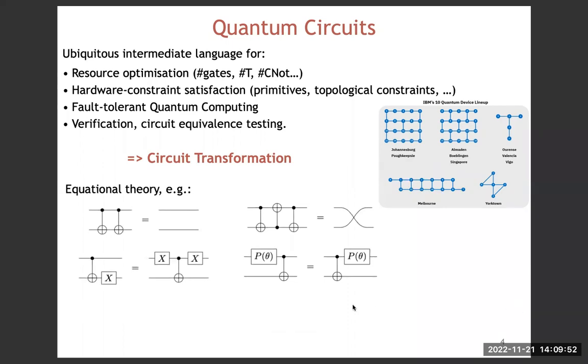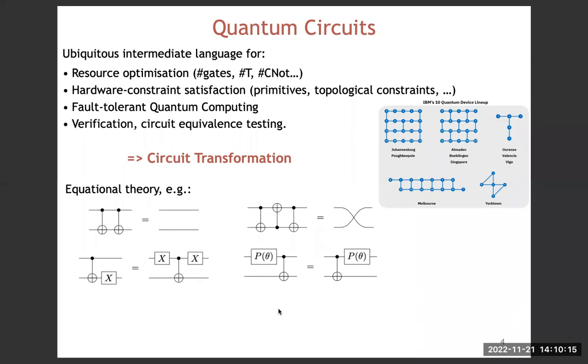A simple and natural way to do this is to use an equational theory, that is, some equations saying that we can replace a piece of circuit by an equivalent piece of circuit. Here you have four examples of such equations on circuits. This is a way to transform a circuit and maybe simplify it.